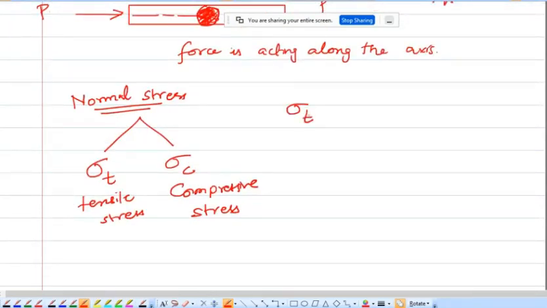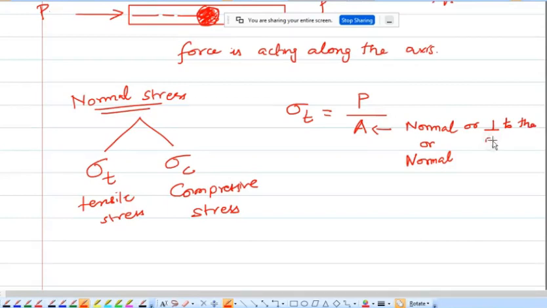For calculating tensile stress, you have to take force by area. This area is the normal area, perpendicular to the applied load.